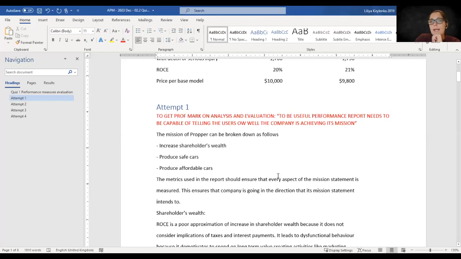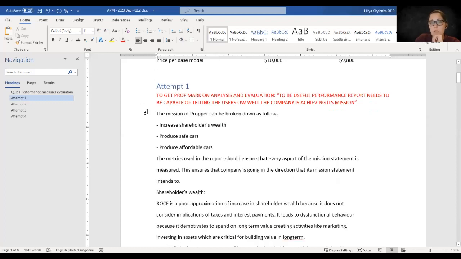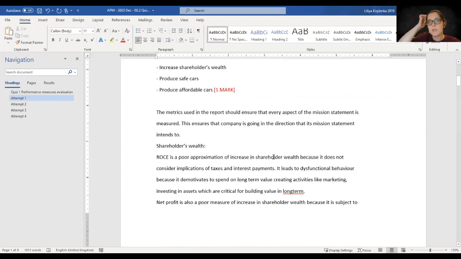The mission of POPA can be broken down as follows: to increase shareholders' wealth, produce safe cars, and produce affordable cars. Yes, that is great. This is something that is going to bring you 1 mark. Metrics used in the report should ensure that every aspect of the mission is measured. This ensures the company is going in the direction that the mission statement intends.